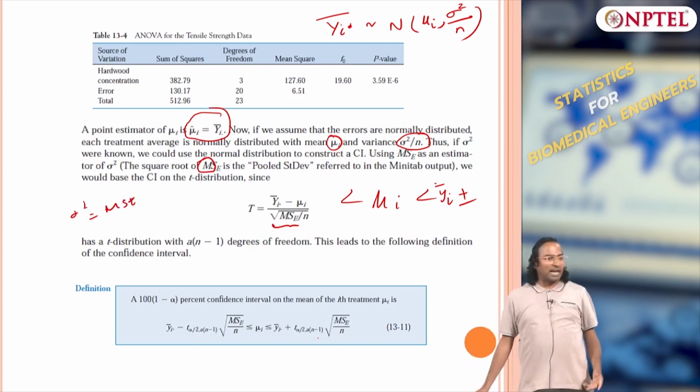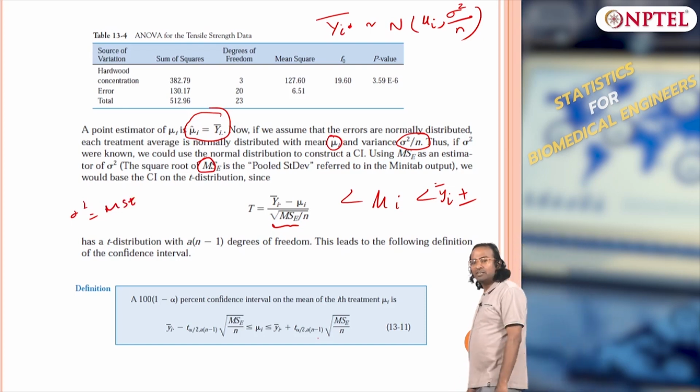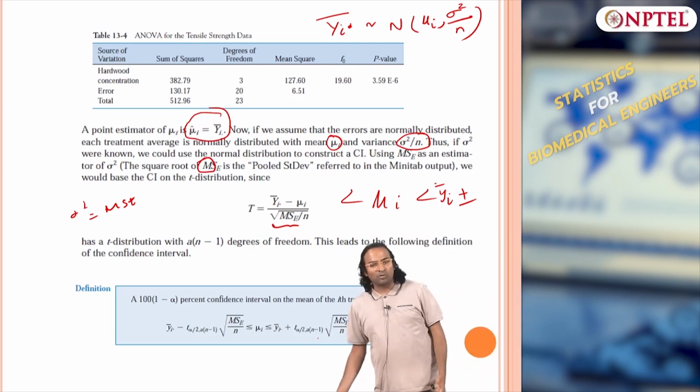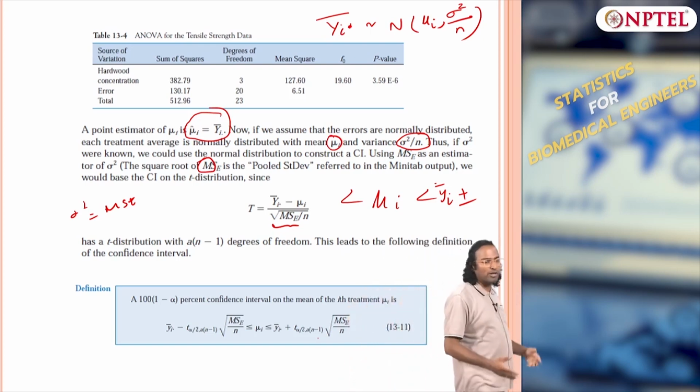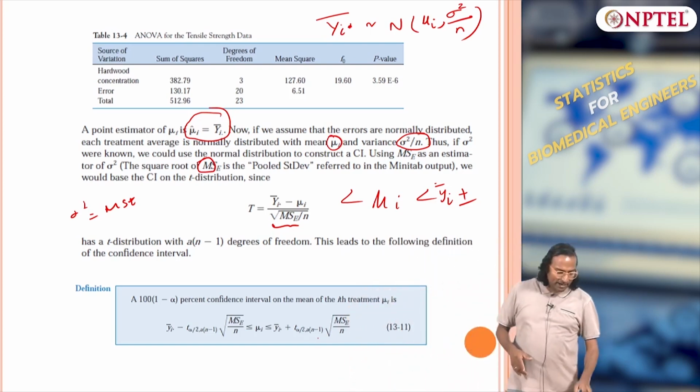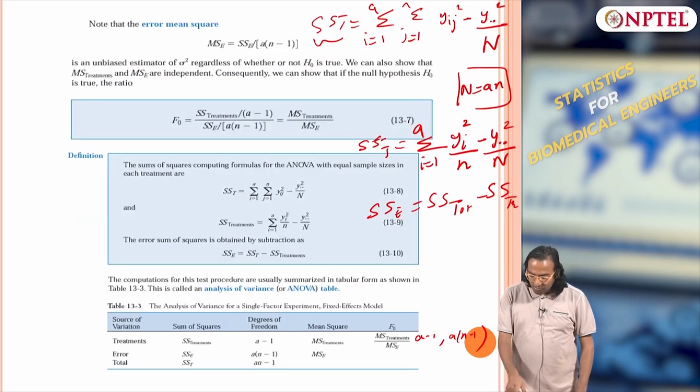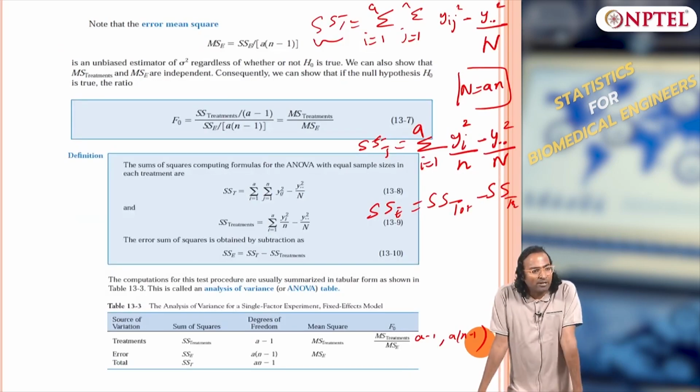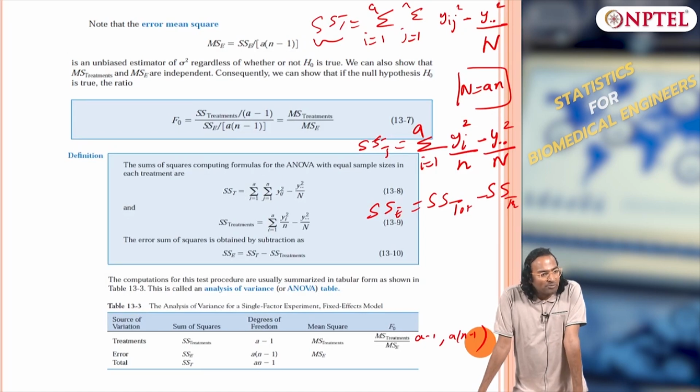Mean squared error you are calculating, right, sum squared treatment, sum squared total. So sum squared error, sum squared total, sum squared treatment. So sum squared error is nothing but what, sum squared total minus sum squared treatment. How do you get mean squared error? Sum squared error divided by degrees of freedom. What is the degrees of freedom? A into n minus 1.